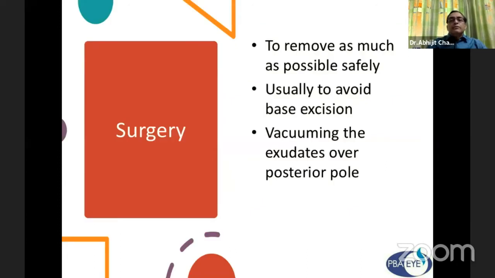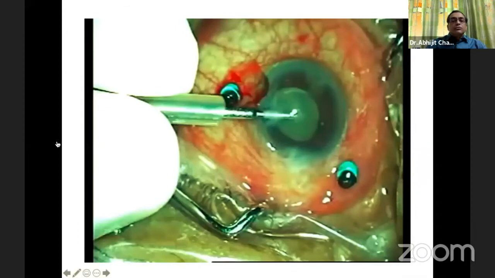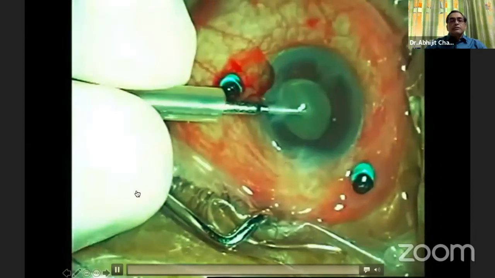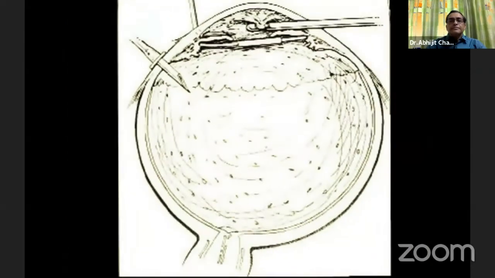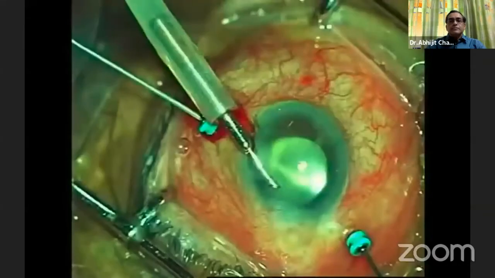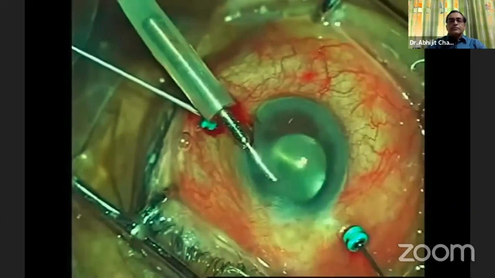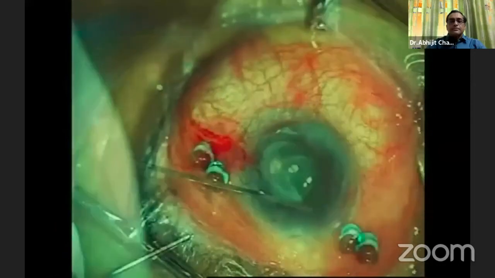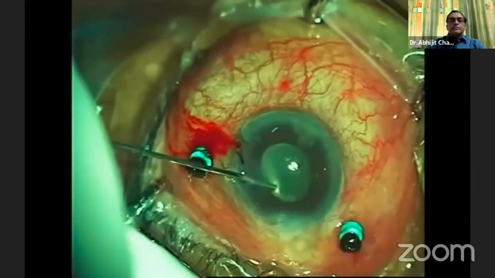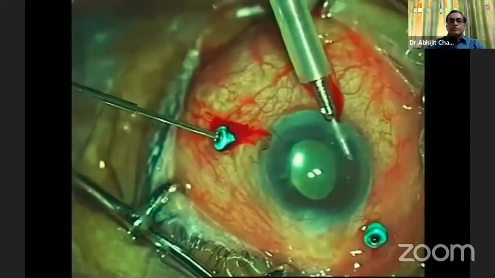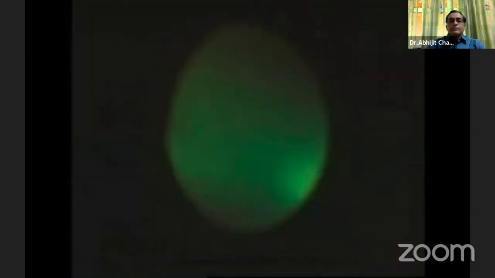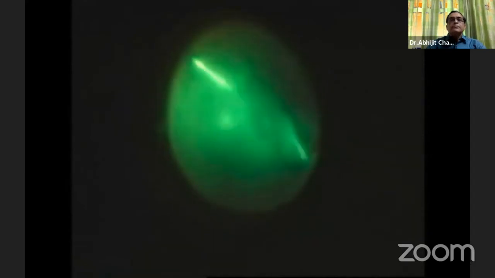Usually we avoid basic scission. Now we can show you whatever we are telling about this. Started the surgery with the anterior chamber maintainer. Next, we cleaned the anterior chamber and removed the membrane over the intraocular lens. The surgery proceeded by clearing the anterior vitreous and cutting the central posterior capsule. Careful removal of vitreous and membrane continued till the posterior pole was visible.